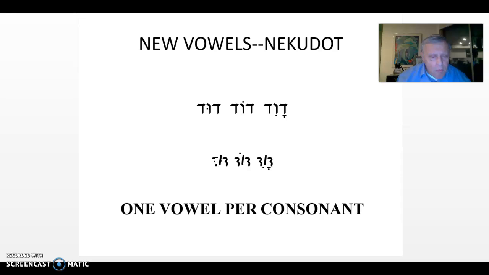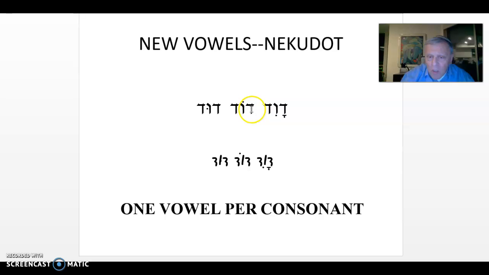Here is a rule that most people don't know. In the Hebrew language, a consonant can only have one vowel. Here, the Daled has no vowel. This one does.